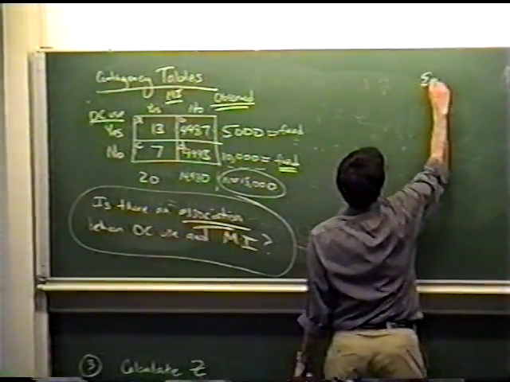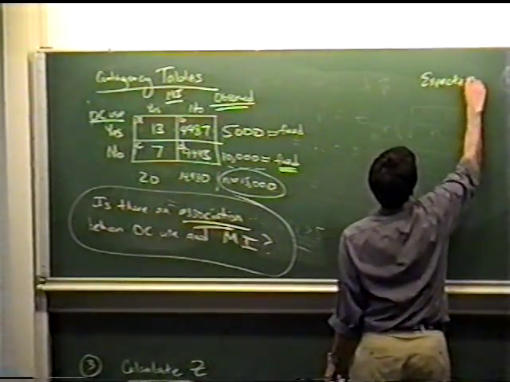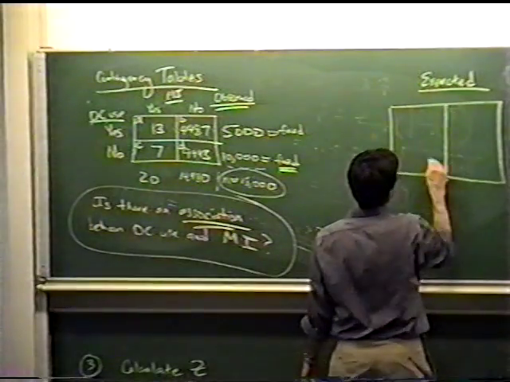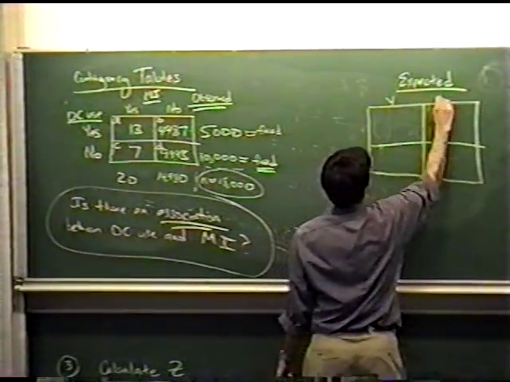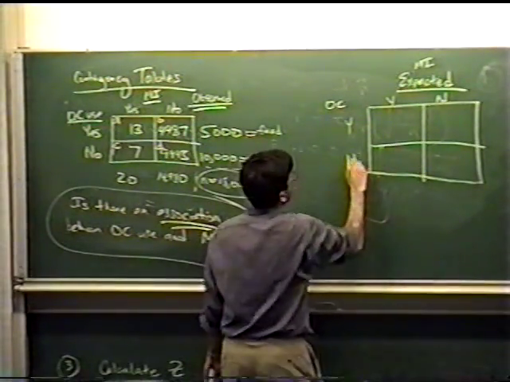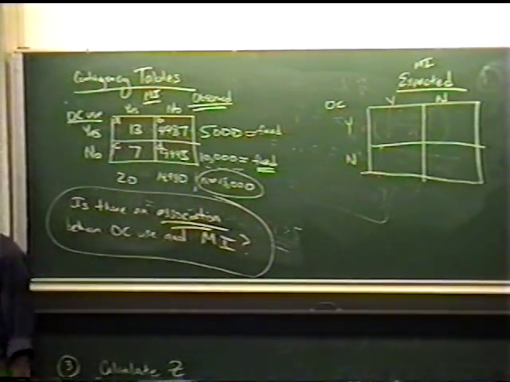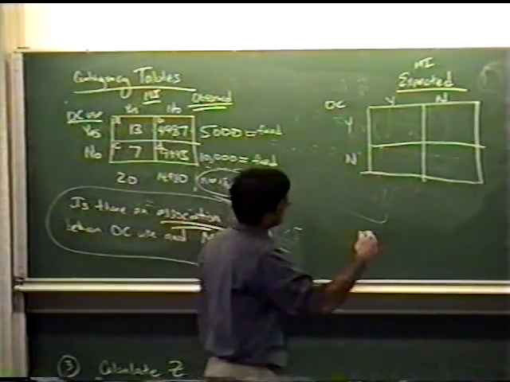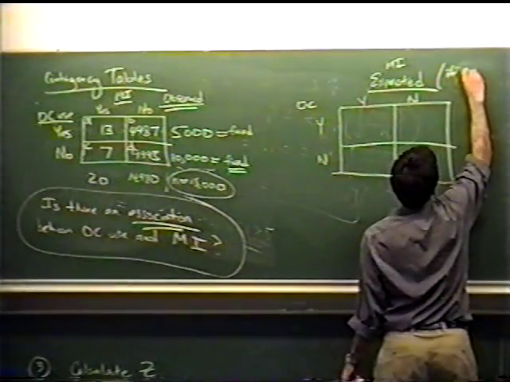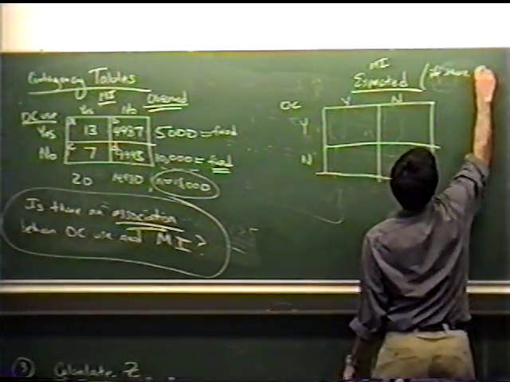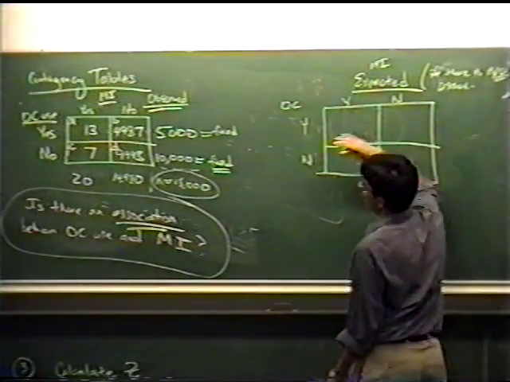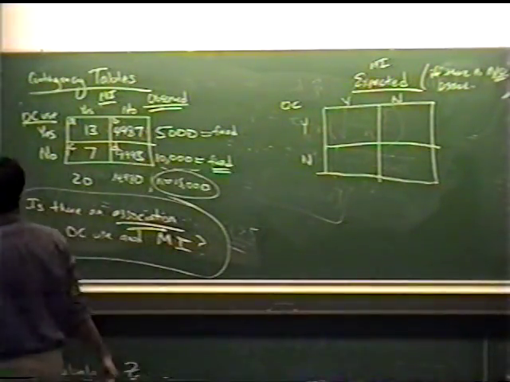If those are fixed, the question then becomes, what would we expect to see in this table if there were no difference, if there were no association? So let's come up with an expected table, assuming that there is no association between oral contraceptive use and having a heart attack.